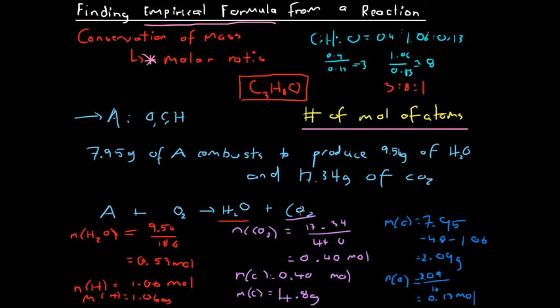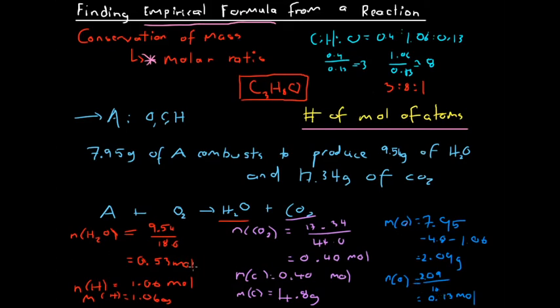So to do that, we subtracted the masses of hydrogen and of carbon in sample A from the mass of sample A to work out the mass of oxygen in sample A. We've got the mass of oxygen there, and from there we can figure out the mole of oxygen.